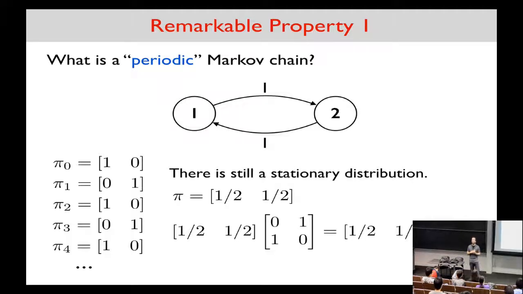Are Turing machines technically Markov chains? Not quite, because a Turing machine evolves deterministically, right? So there is nothing random about a Turing machine. You can ask, what about a randomized Turing machine?